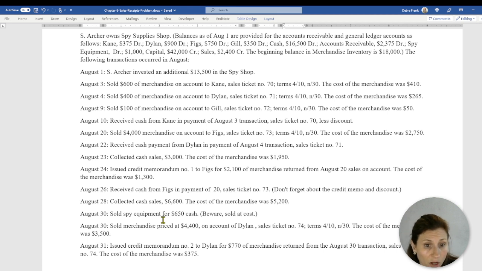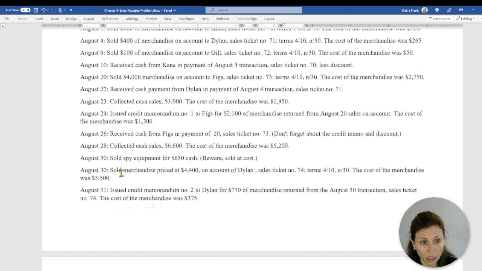So we see that there was an August 20th sale for 4,000, and of that, 2,100 was returned. And so the cost of that related merchandise, they calculated it for us, which is nice. The cost of that related merchandise that was returned was 1,300, and we're going to put that supply item back on our shelves. So that's how we're going to record it here. We're going to do some flip entries. It'll look very flipped to the August 20th. And so let's go ahead and get that recorded.